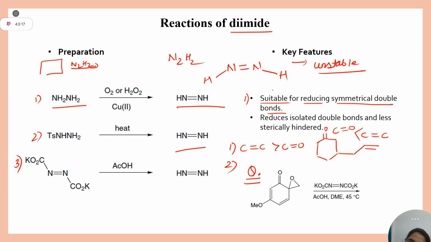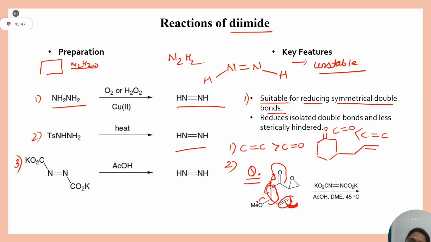See, this bond is having long range resonance only, but this bond, if you look here, is in conjugation with this system more than this is involved, right? So obviously this bond will reduce. You have to select between them. This carbonyl is ruled out by rule number 1, that you have to reduce symmetrical double bonds.